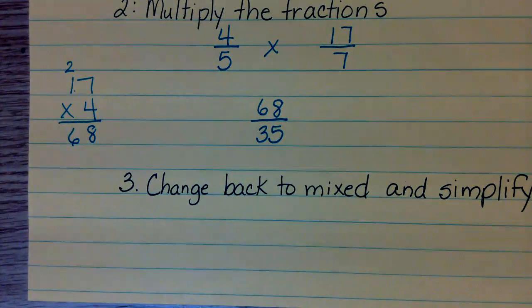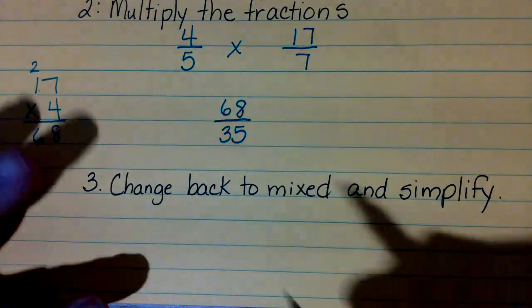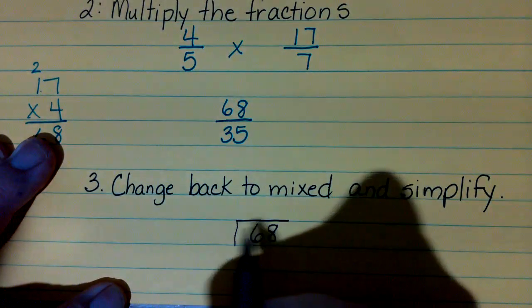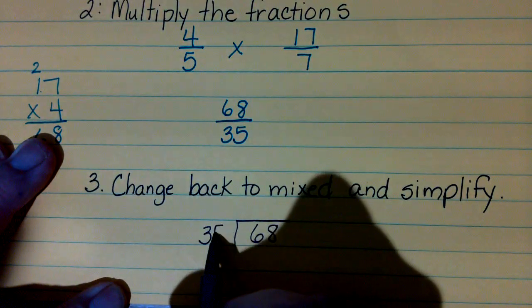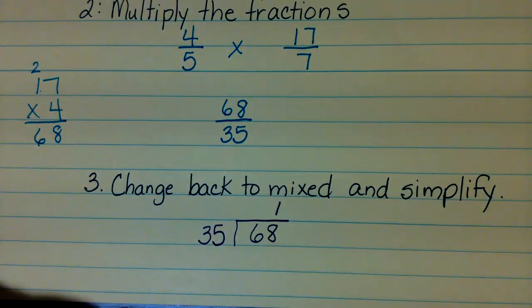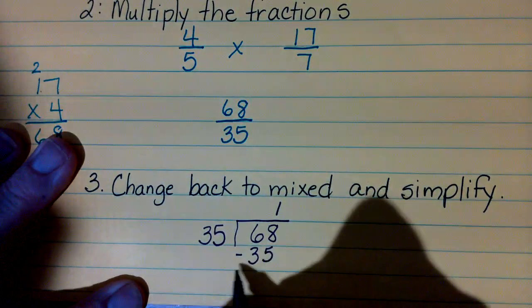Remember, the way that we change back to mixed is we divide the numerator by the denominator. So I'm going to take 68. I'm going to divide it by 35. I know that it can go in one time because 35 plus 35 is 70. So I'm going to subtract 35.